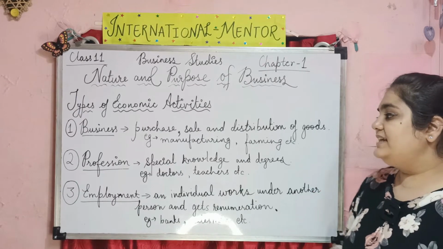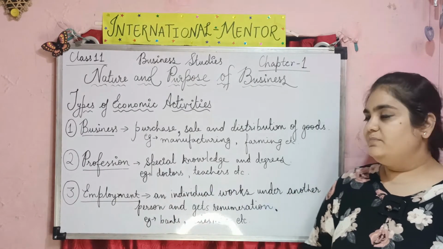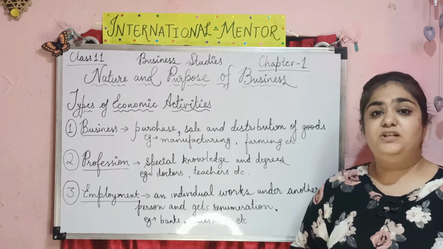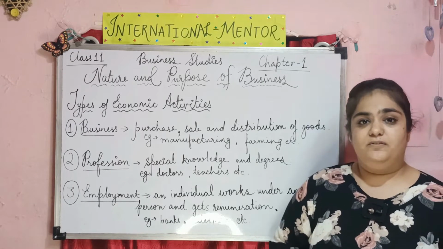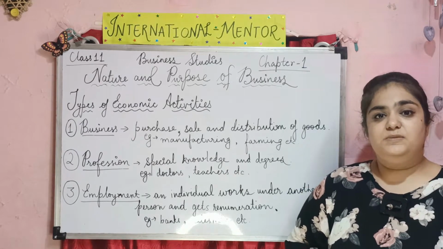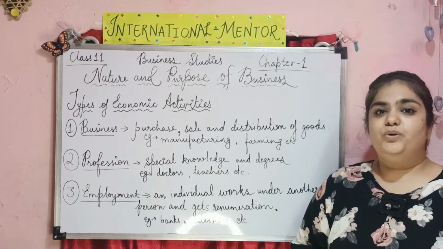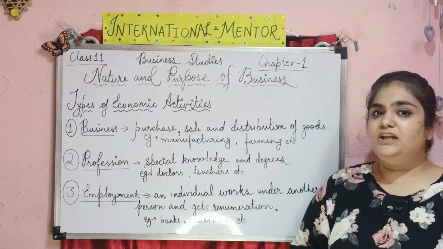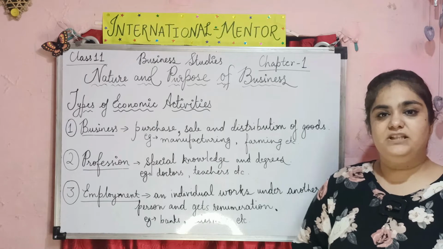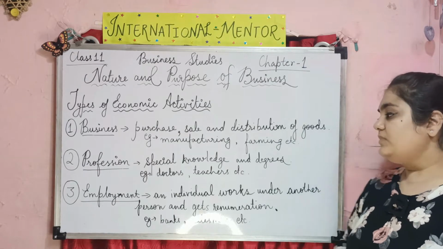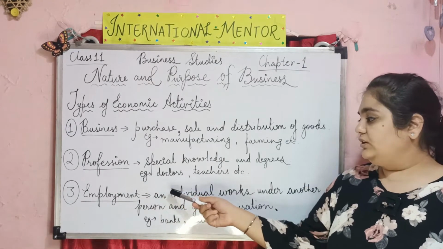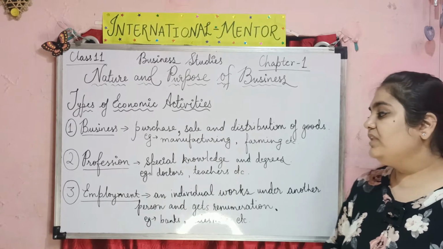The second economic activity which comes is profession. Profession needs specific qualifications and special degrees to acquire knowledge and then work on it, providing services to the customers. For example, doctors and teachers.